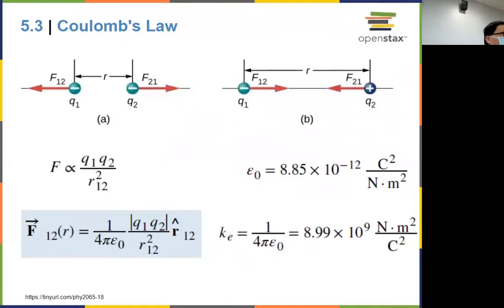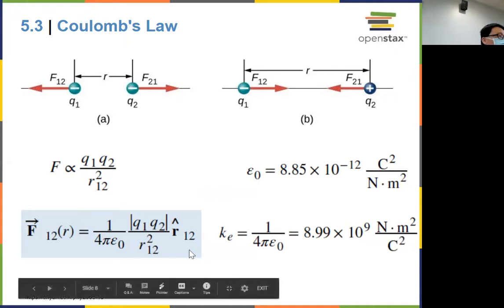We talked about the strength of the interaction between two charges, which is governed by Coulomb's law. The strength is equal to K, or 1 over 4 pi epsilon, times the absolute value of Q1 Q2 over their separation squared. The direction of the force is given by a unit vector along the line connecting the two charges.